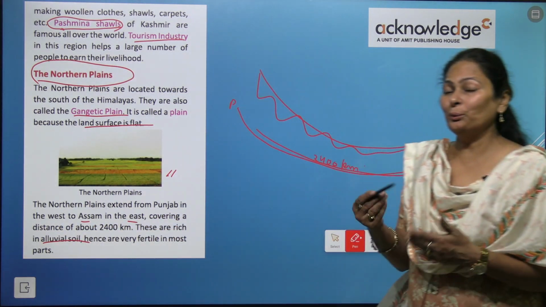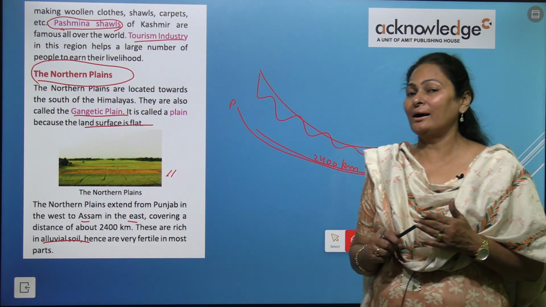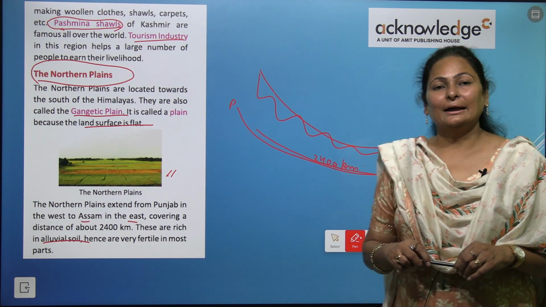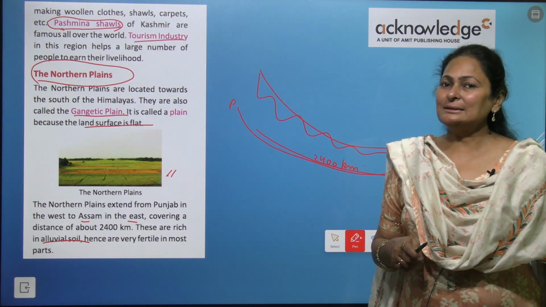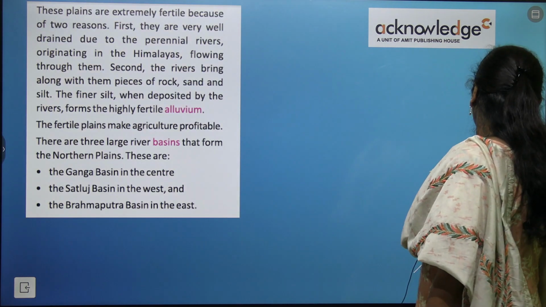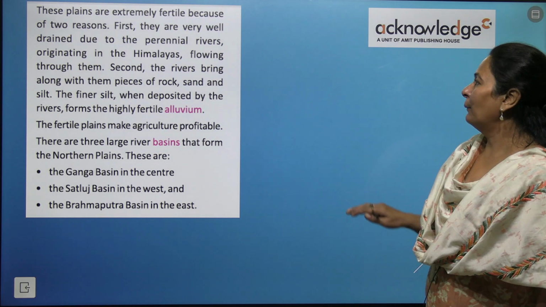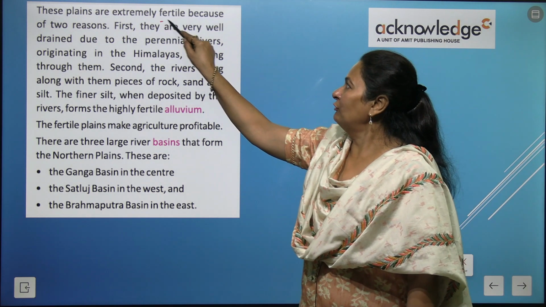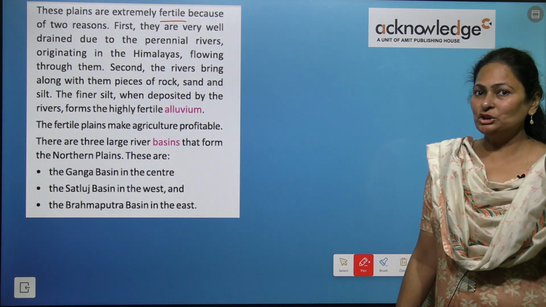The Northern Plains are rich in alluvial soil. Hence, this area is very fertile. Fertile means cultivation is possible. These plains are extremely fertile because of two reasons.